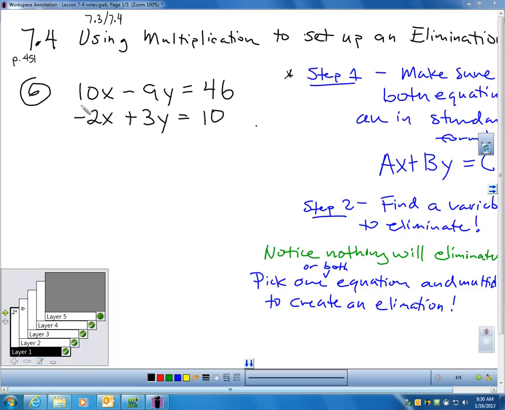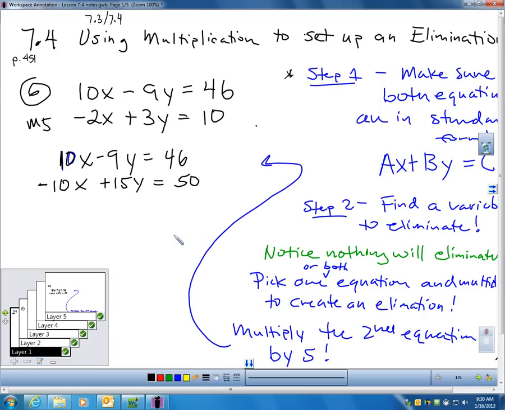If I multiplied everything by 5, you would get negative 10x here. If you have negative 10x and we have positive 10x here, we could add these equations and the x's would eliminate. So I'm going to put a little m5 next to the second equation to show that I'm going to multiply everything here by 5.